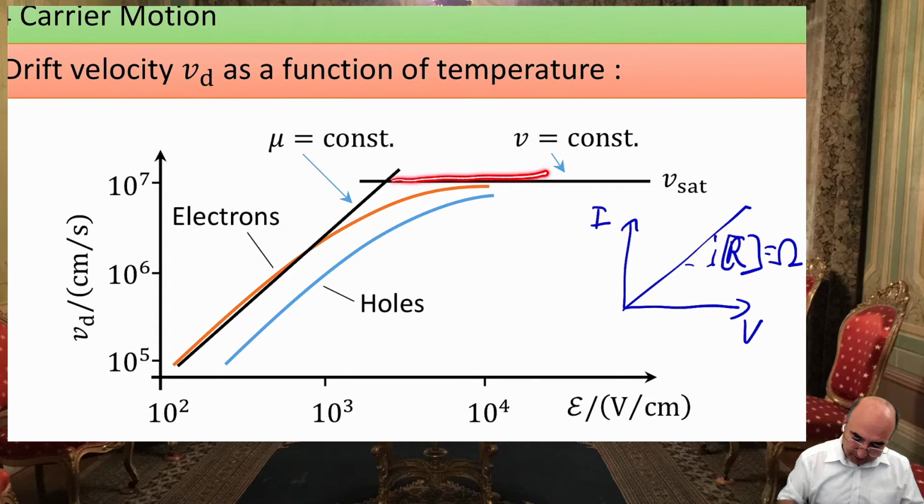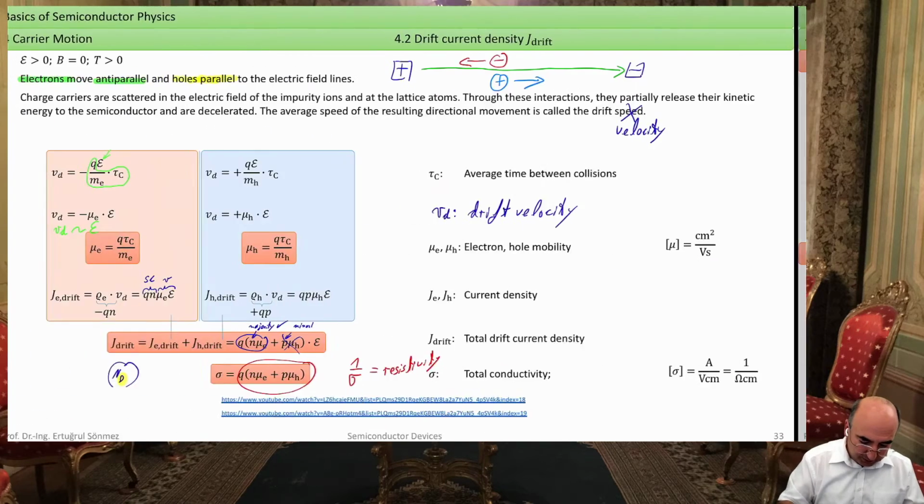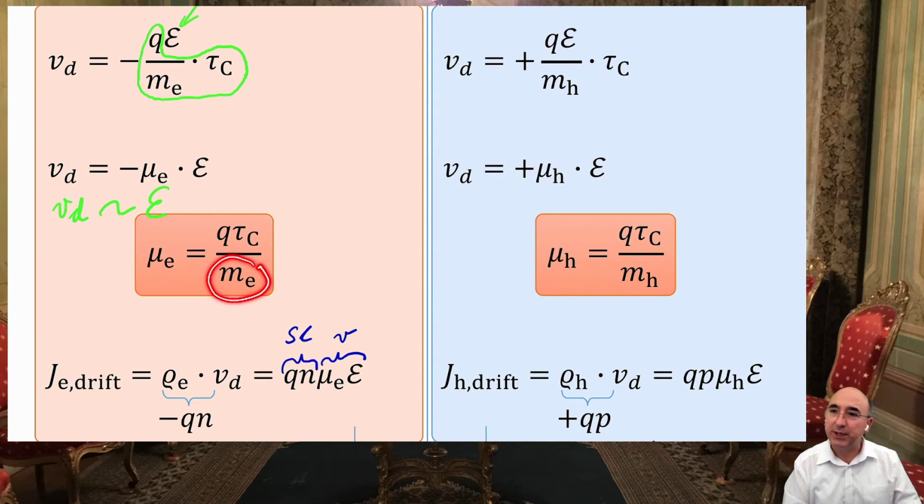So you increase the voltage, you don't increase the speed, but you should increase the speed because of this equation. Now the only value which can change is the mass. In reality, my mass doesn't change. We are also not relativistic, so the speeds are very low.